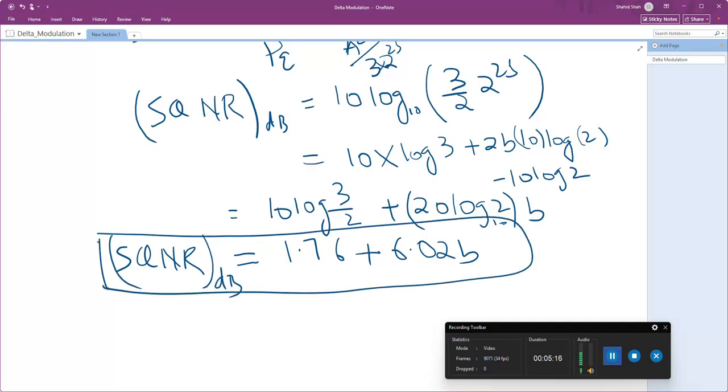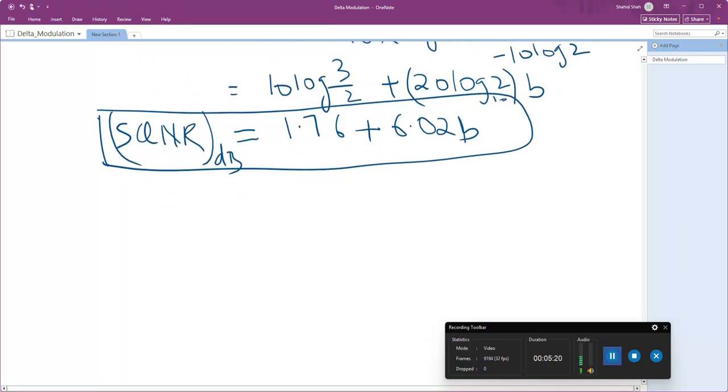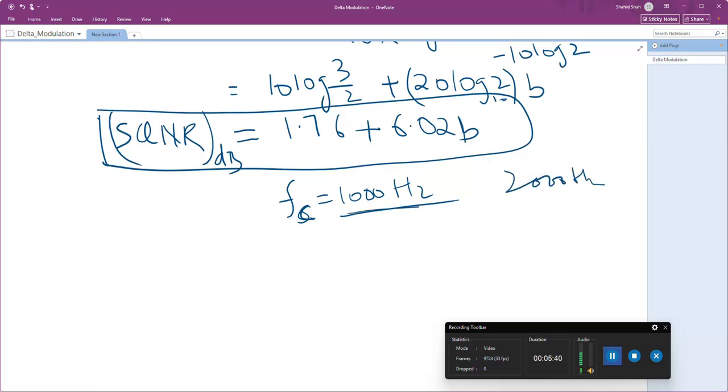This is when you are given that you want to quantize to b-bit levels. Suppose we take some cases, like suppose the frequency of the signal is 1000 hertz, then the sampling frequency will be 2000 hertz.